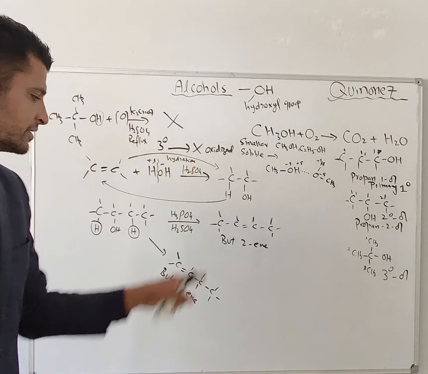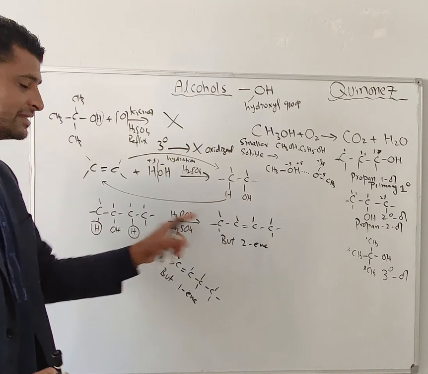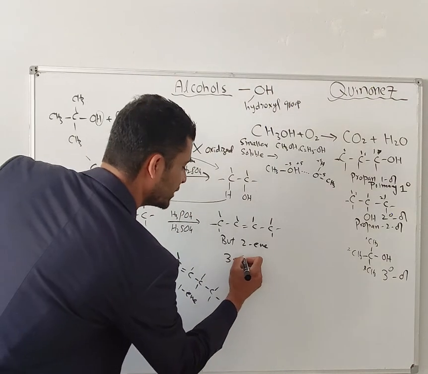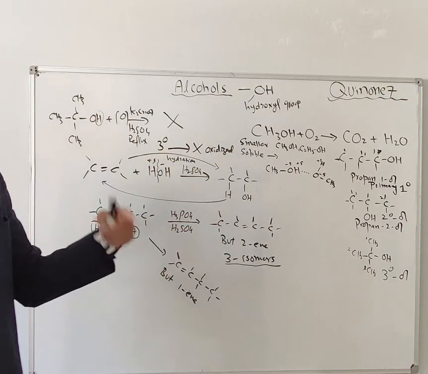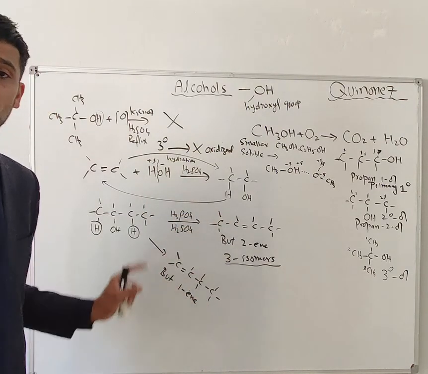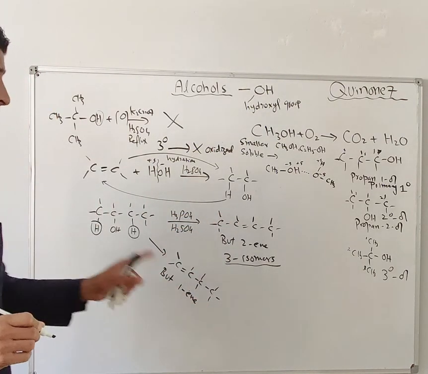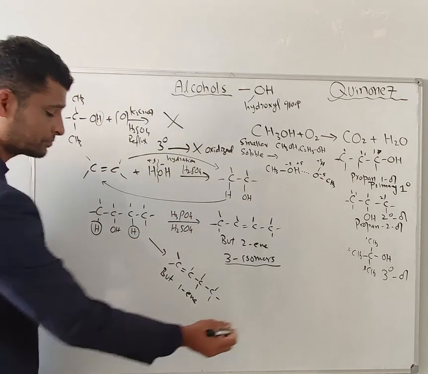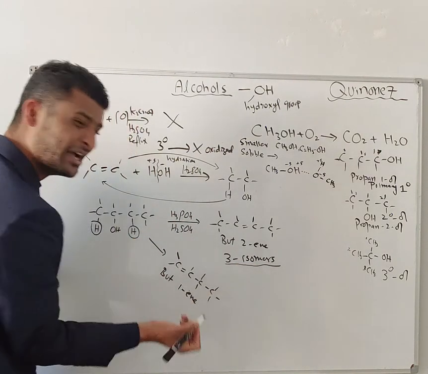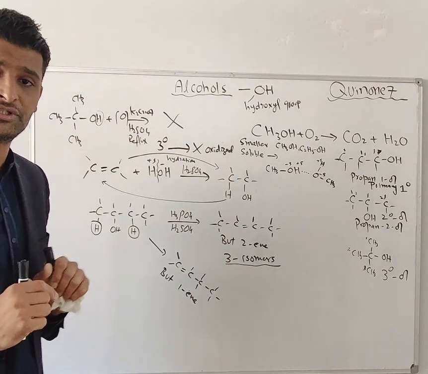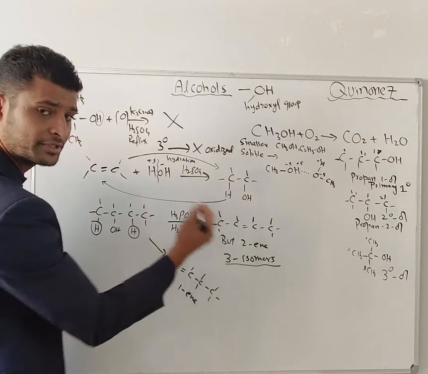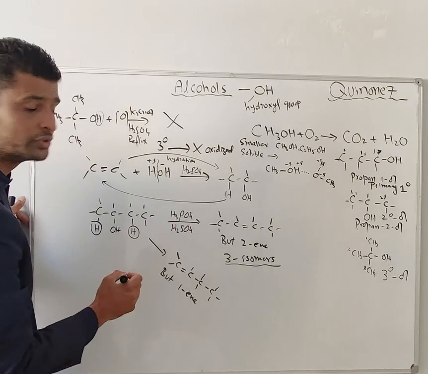Now the problem we have here is, when they looked at the reaction mixture, they saw not two isomers but three isomers. These two are position isomers, because the position of the double bond is changing, like you have done in alkenes. But one of them is showing dual isomerism: structural isomerism, and at the same time stereoisomerism.